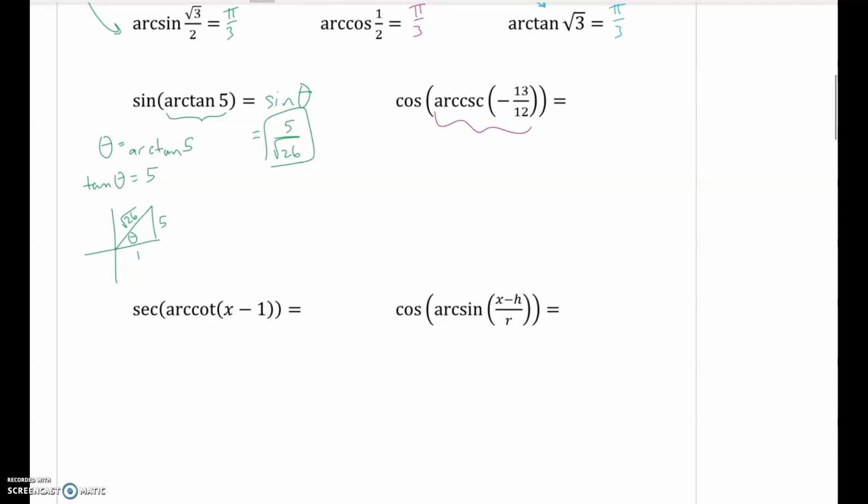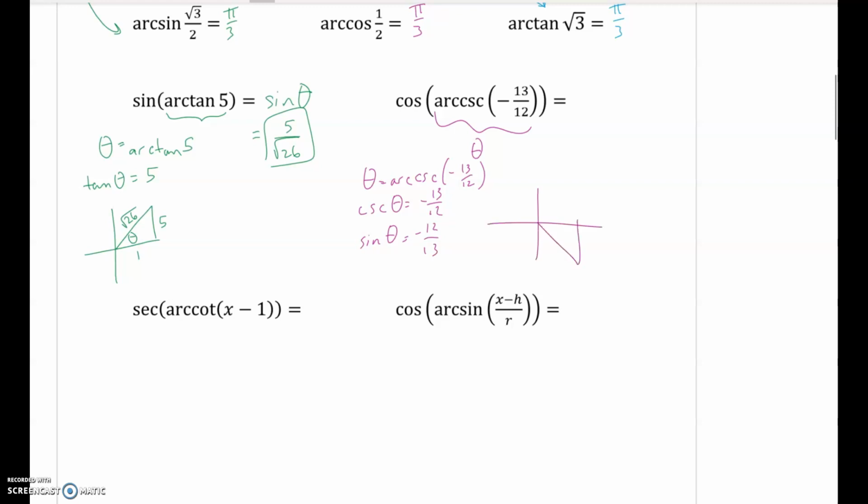Same idea with this one. This is my theta value. This is arc cosecant. So if theta equals the arc cosecant of negative 13 over 12, then that must mean that the cosecant of theta equals negative 13 over 12. Now, if you don't like that equation, then just flip it. Sine of theta equals negative 12 over 13, and we'll put this down here.